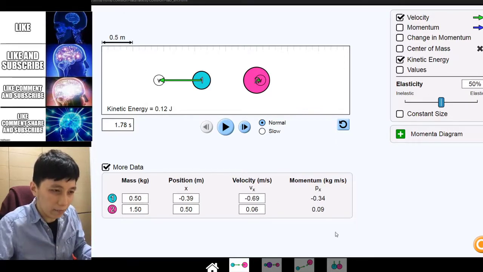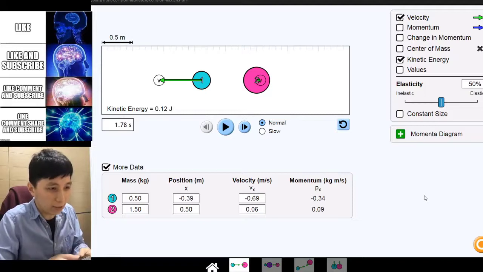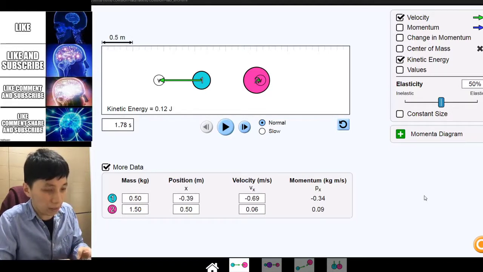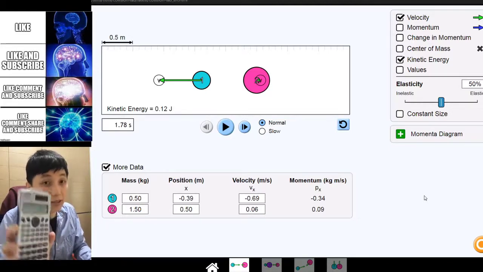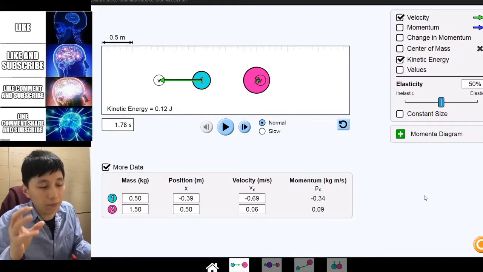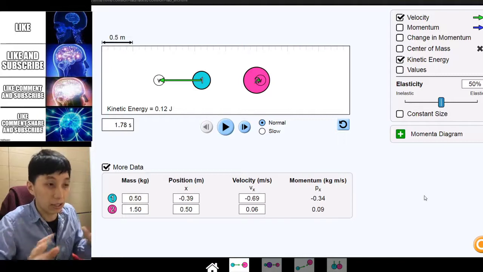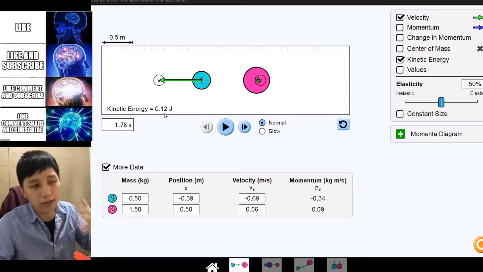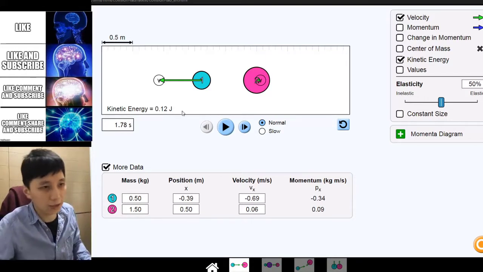And momentum, again, we can try to calculate: negative 0.34 plus 0.09 is still negative 0.25. So momentum still remains unchanged in total, but the KE is less in total. That means some of the kinetic energy has transferred to maybe sound energy.